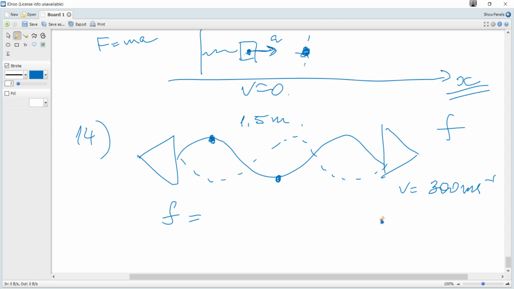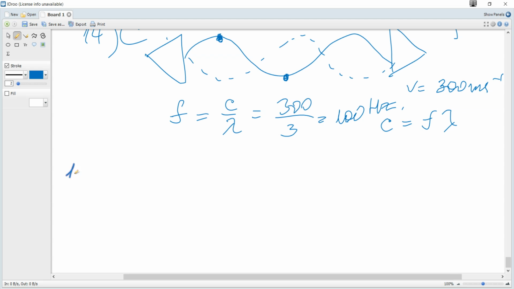Wave speed is frequency times lambda, so frequency is c divided by the wavelength lambda, so we need the wavelength, and we can see that 1.5 is half of the wavelength, so lambda is 3, so it should be 100 hertz. 100 is C, yes it's correct.